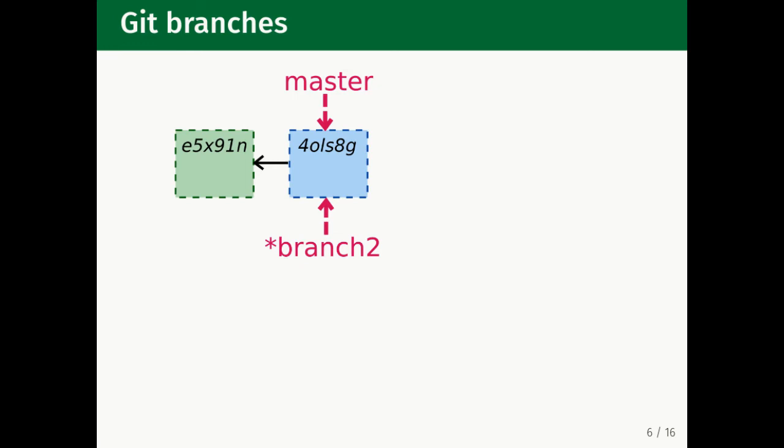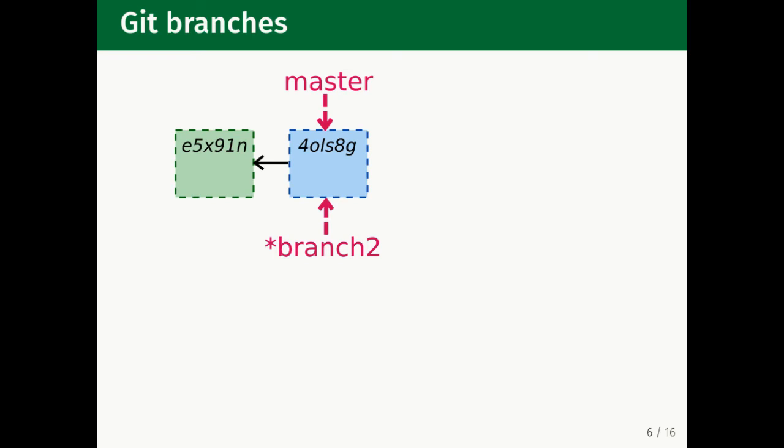We can also create new branches. When you create a new branch, it points to the same commit as the branch you were on before. So if we were on the master branch, which was pointing to 4OLS8G, and we create a new branch called branch 2, then this new branch also points to commit 4OLS8G.